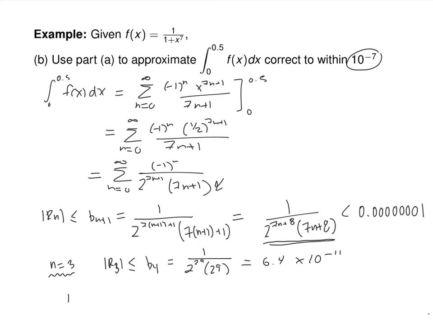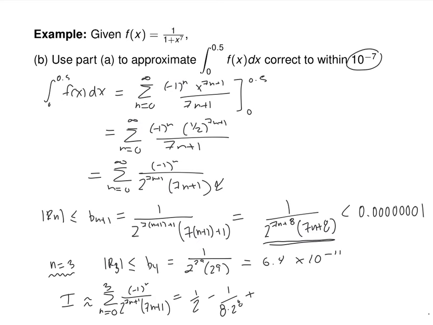And so your integral, which I'm going to call I, is about equal to the sum from n equals 0 to 3 of negative 1 to the n over 2 to the 7n plus 1 times 7n plus 1. Notice that this means you're actually plugging in 4 things, because first you plug in 0, then you plug in 1, then you plug in 2, then you plug in 3. That'll be 1/2 minus, plugging in 1, we have 1 over 8 times 2 to the 8th.